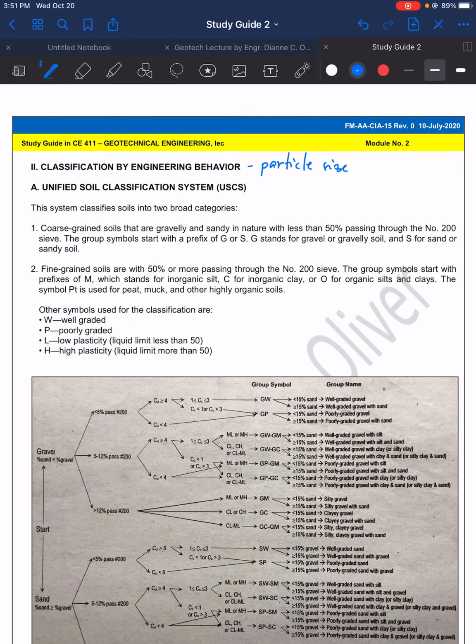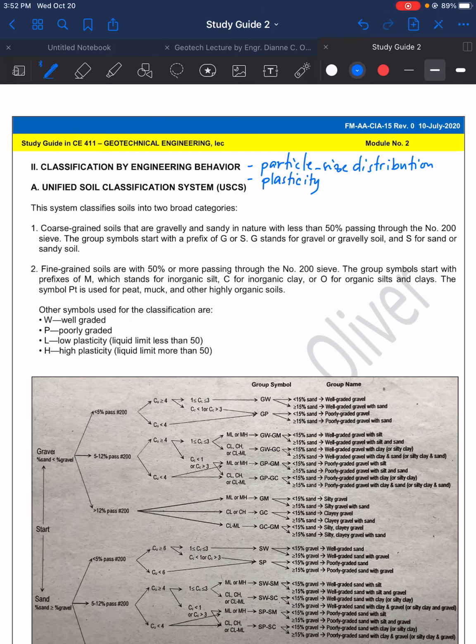So it considers the particle size distribution, as well as the plasticity of the soil, which is missing in the textural classification.